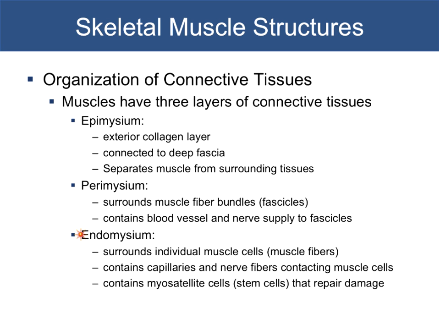So it's going to surround an individual muscle fiber. In this area, we're going to find smaller blood vessels that we call capillaries, the actual nerve fibers that have a synapse or a connection with the individual muscle cells. And then you also find in this area the stem cells that are required to repair damage to muscle cells. We call those myosatellite cells.